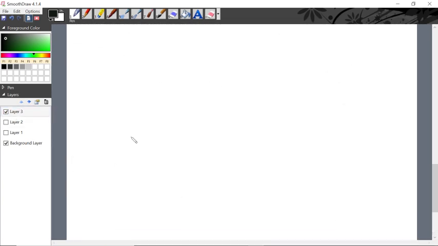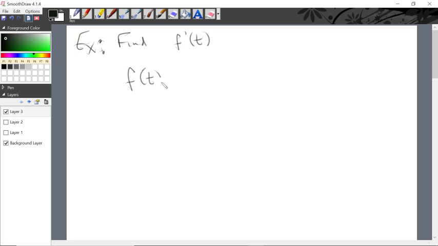Okay, so now let's apply this new wealth of knowledge to a couple more examples. A little more complicated examples where we don't have to do the limit now. Let's say find f prime of t if f of t is equal to t cubed plus 2 over 5t.